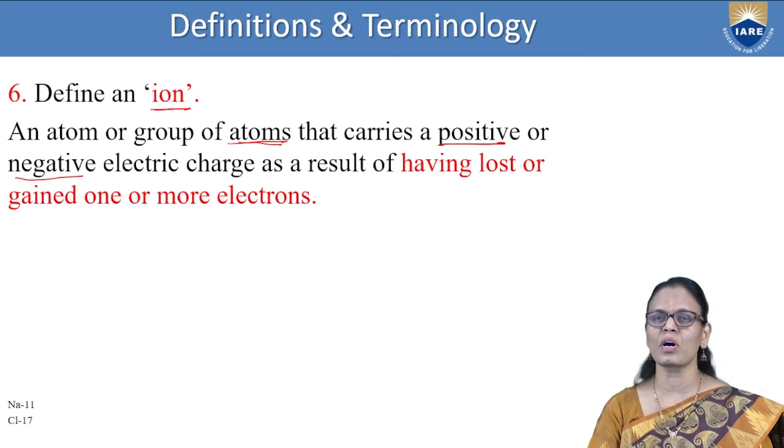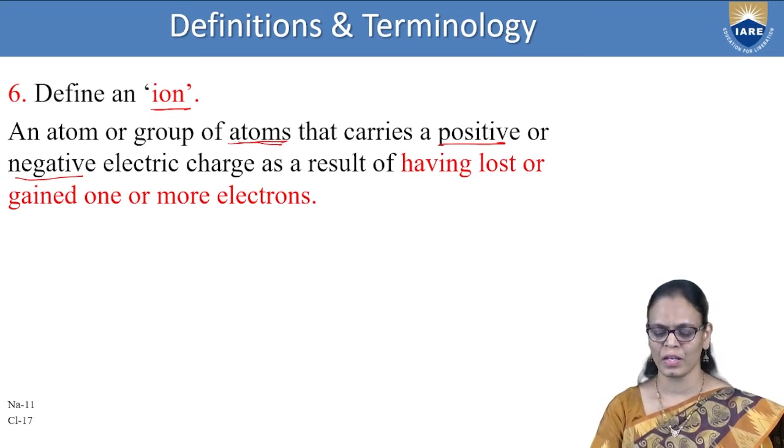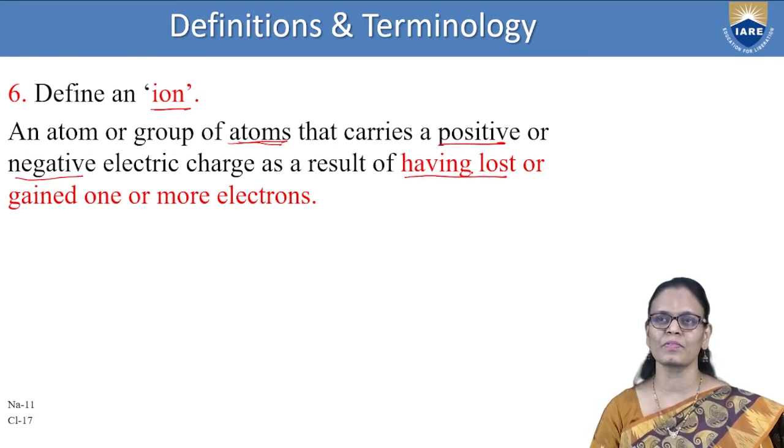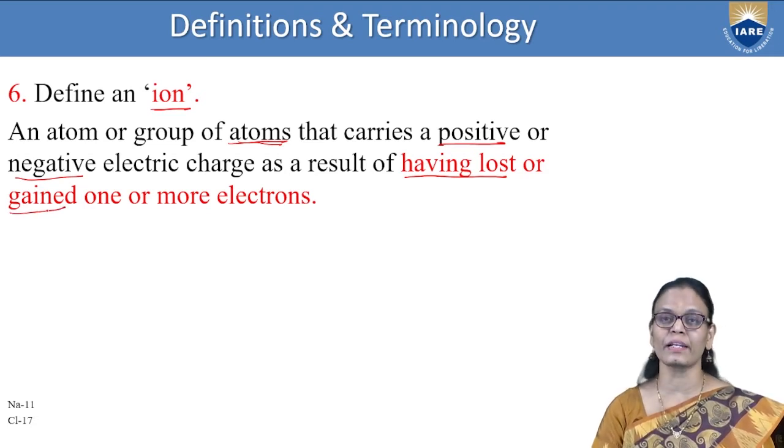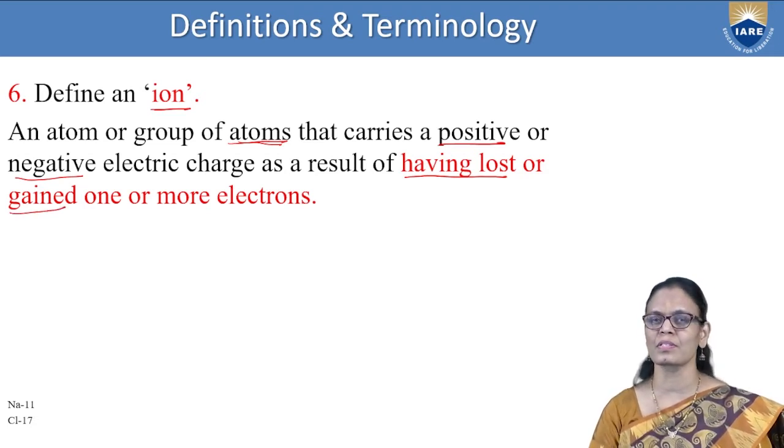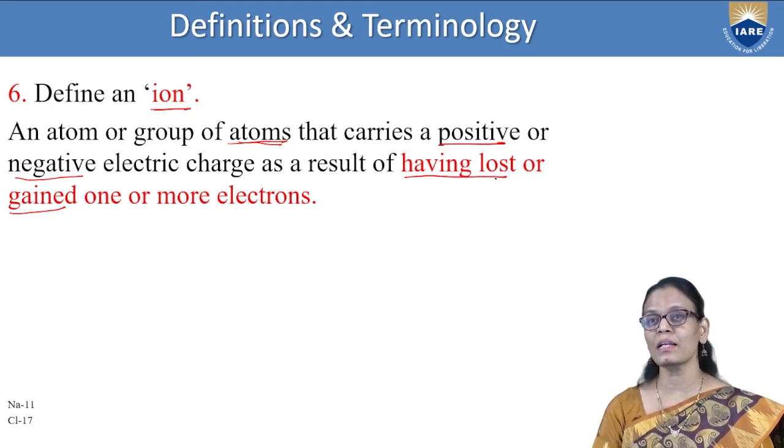So whenever we talk about an element, if an element is ready to lose the electron, it becomes positively charged or a positive ion. And when it is gaining one or more electrons, it becomes negatively charged. So when it is losing, it becomes positively charged. When it is gaining, it becomes negatively charged.